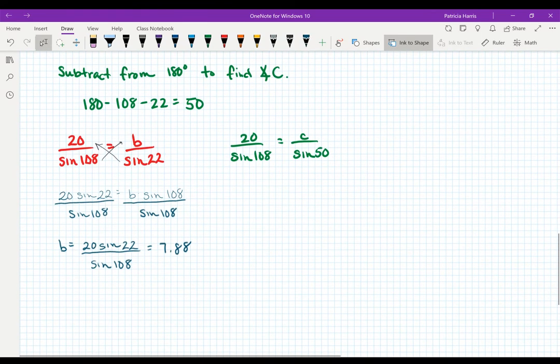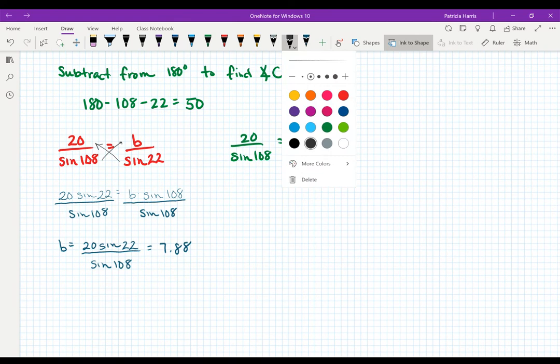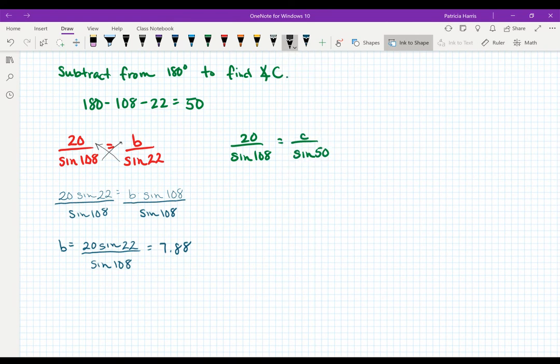Now we're going to do the same thing for side C. Okay. So 20 sine of 50 is equal to C sine of 108. Now to solve for C, we're going to divide by sine of 108. Now notice how it looks very similar.